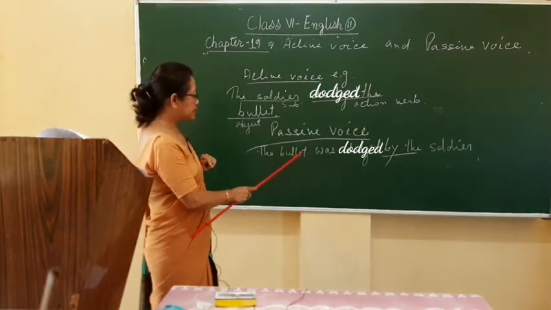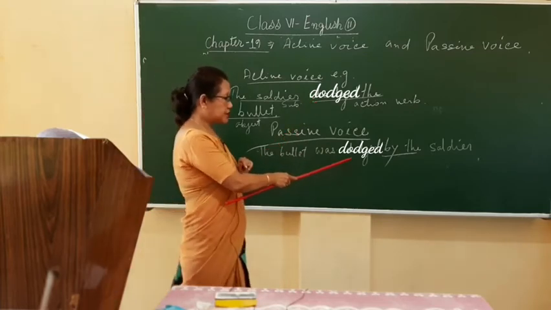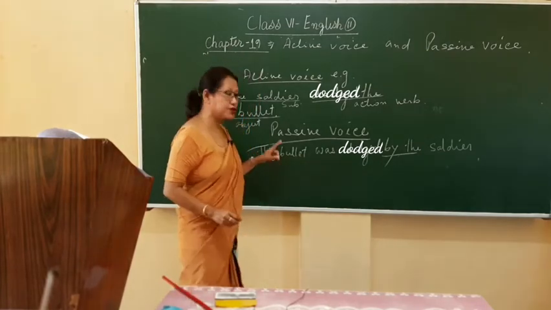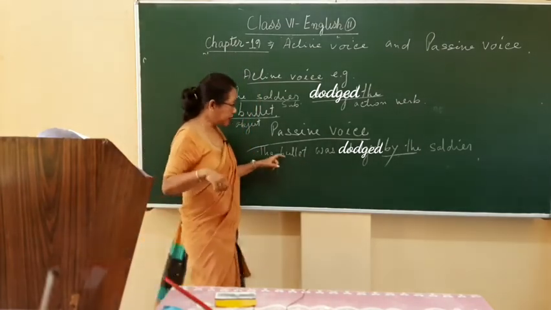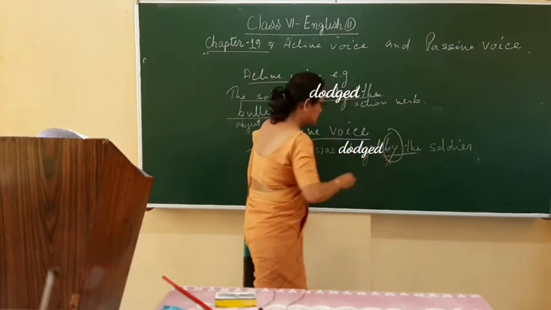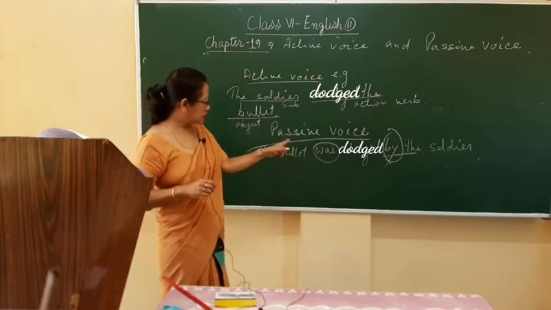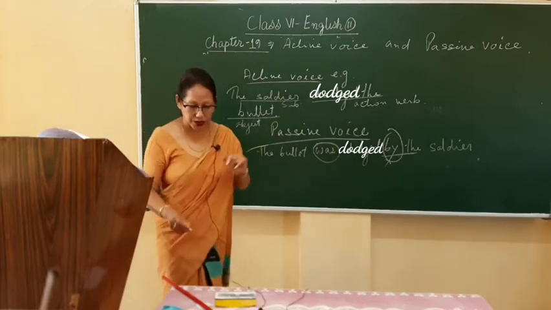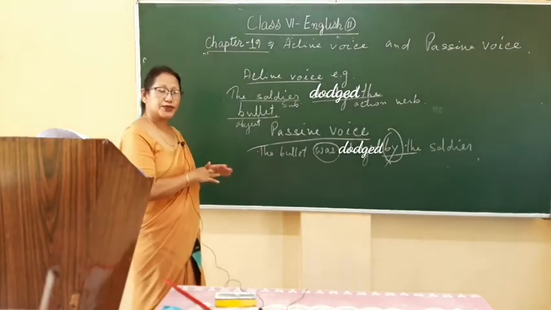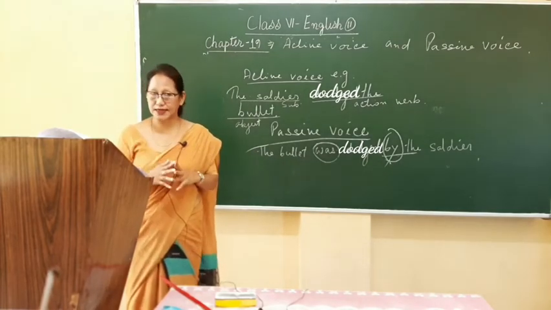It is past tense, so was dodged. If you change it exactly, the bullet dodged the soldier. Okay. If you change it like this, there is no meaning. It doesn't make any sense. This is a wrong sentence.